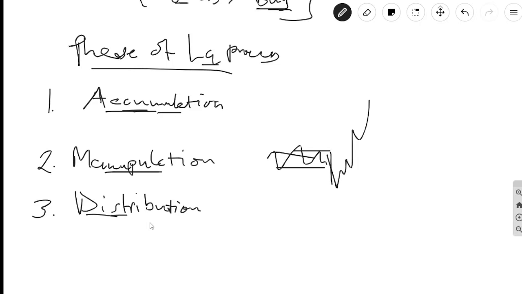So after manipulating the sellers, the next move will determine the one controlling the market. So distribution now is where the true trend is, the true move is.